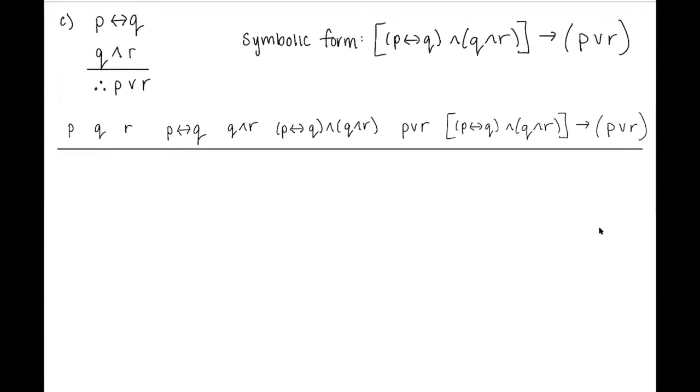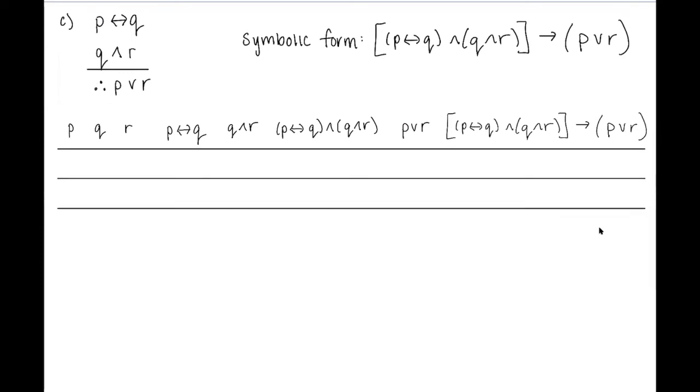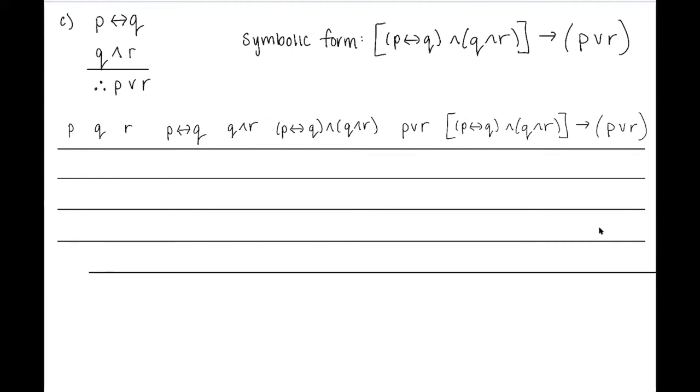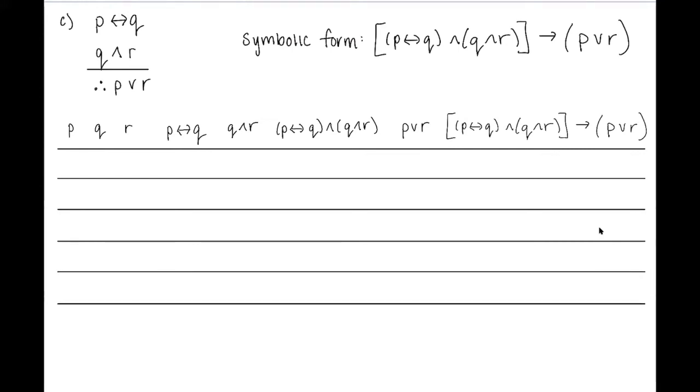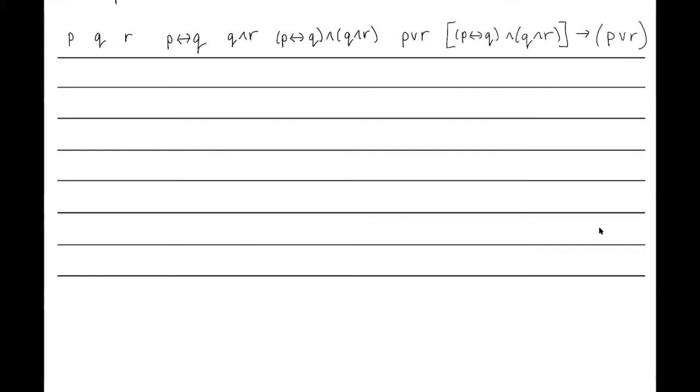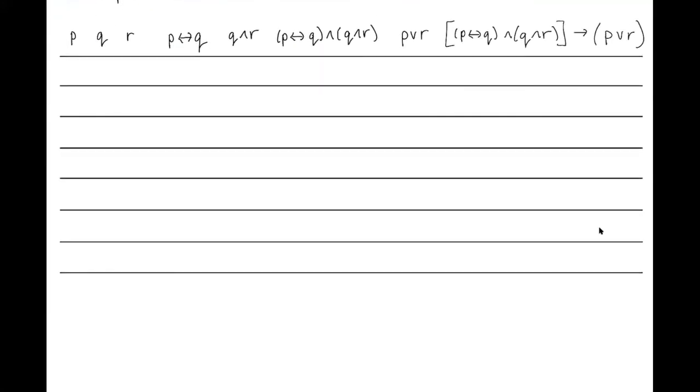Now the other fun thing is there are 3 statements. That means I have 8 possibilities. So I need to make 8 rows in my truth table. So that's 4, 5, 6, 7, 8. So quite a large truth table for this argument.